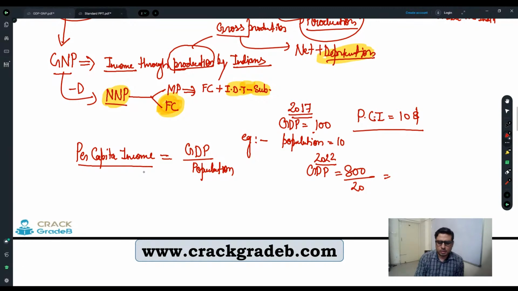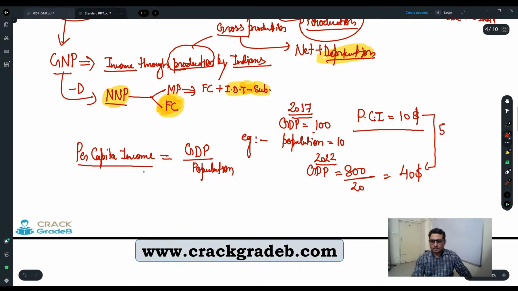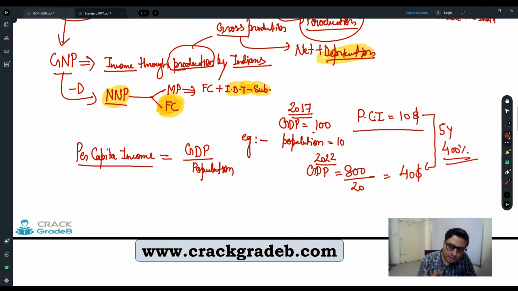Their income is now $40 per person. So you can see that in 5 years, the per capita income in this country has increased by 400%. So a remarkable journey has been made by this country on paper.